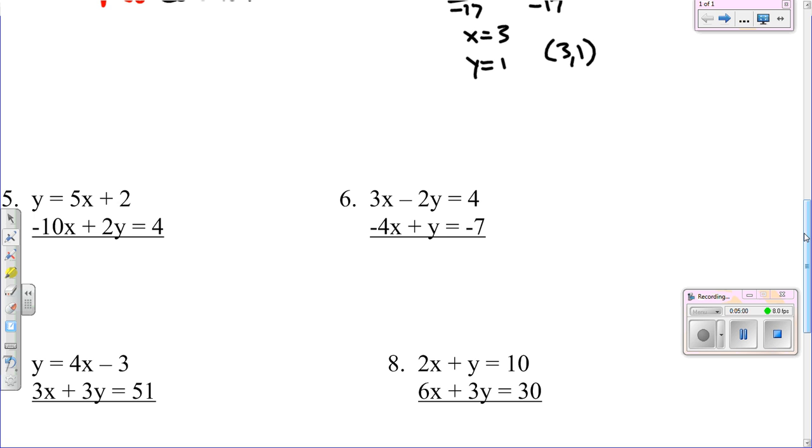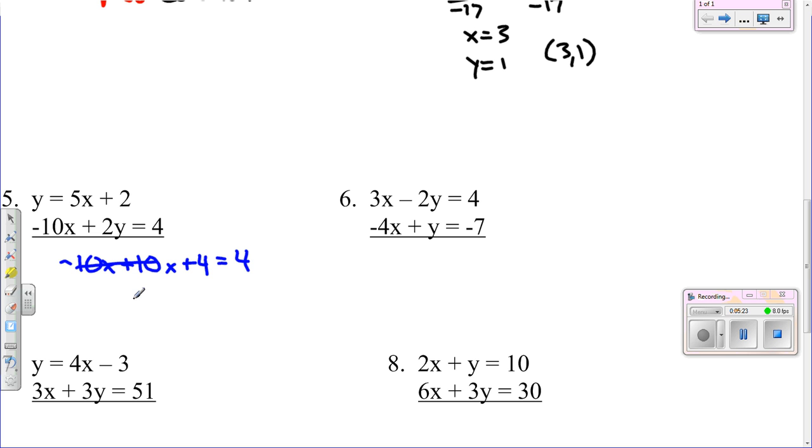Number 5. Y equals 5x plus 2. Plug that in, write 4y here. Negative 10x plus 10x plus 4. Taking this 2, distributing it to the 5x and the 2.